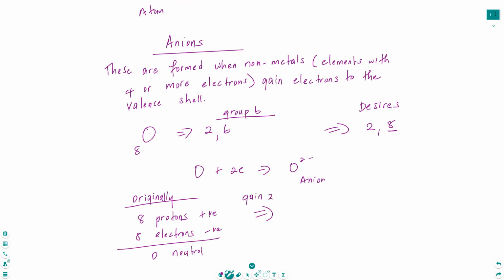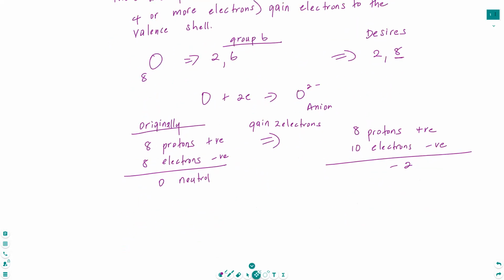If you gain 2 electrons, that's now going to create an imbalance because you're still going to have your 8 protons, and then you now have 10 electrons. So you can see that you have an extra 2 negative charges versus positive charges. That's why you end up getting a -2. So the essence is that when atoms gain electrons, they develop a negative charge depending on how many electrons they gain, and those would be the anions. And non-metals are the ones that gain electrons, and metals are the ones that lose electrons to form cations.